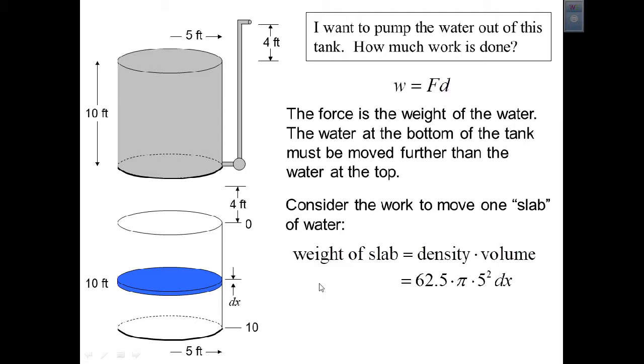So that's the weight of the slab. So the weight of the slab is 1562.5 pi times dx. And the distance is going to be x plus 4.